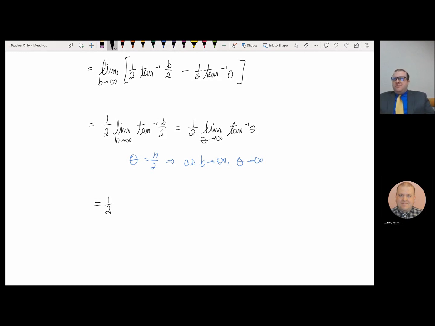It's pi over 2. Our integral is pi over 4. By the way, if that limit were not to exist, we say the integral diverges.